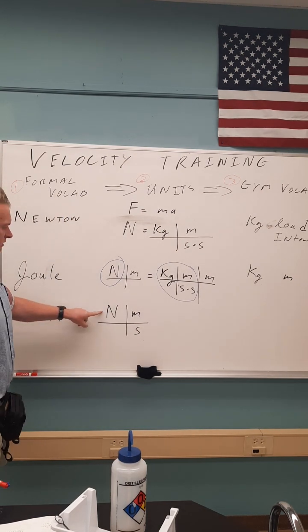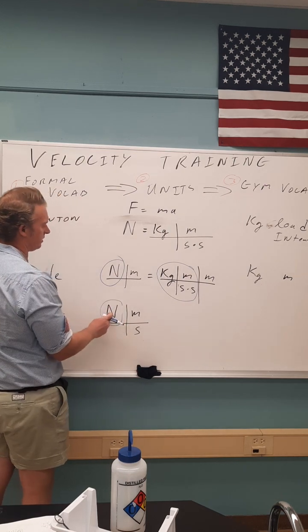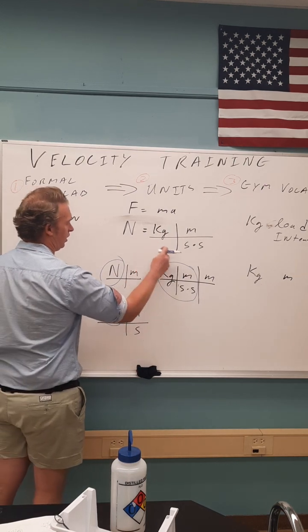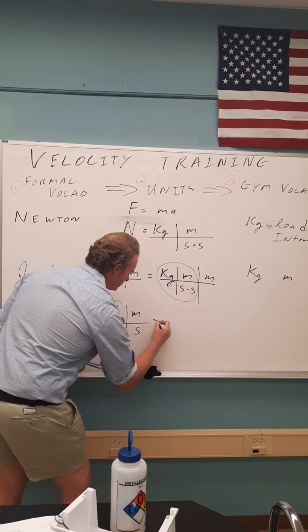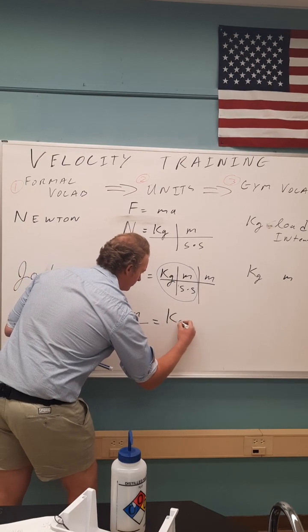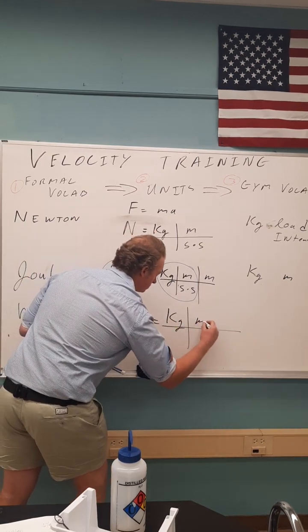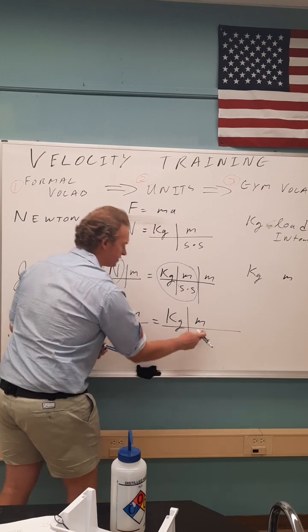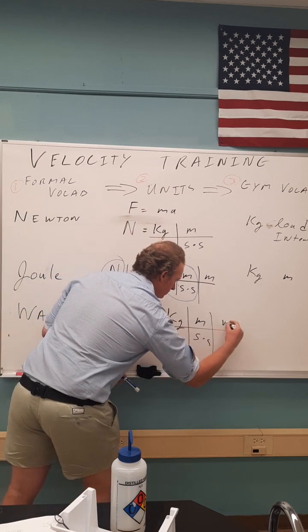So my N, remember, this letter up here represents all of this jazz, and we have said that the gym vocab for this is load on the bar. Because this is gravity, we don't really think about it. And then the velocity.